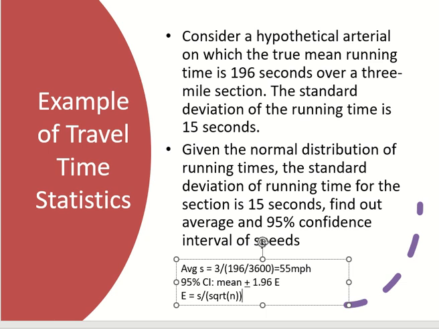Running time is without a stopping time, without stop delay. Secondly, I need E here. In the question they are saying this is true mean. Whenever the term true is used with any value, it means for the entire population. In that case, E can be taken same as standard deviation.